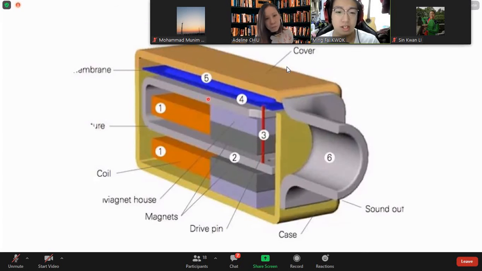Let's show it in a different picture. There are coils on the upper half and bottom half of the case, and also some permanent magnets. The core just vibrates up and down, vibrates the membrane and brings the sound out.